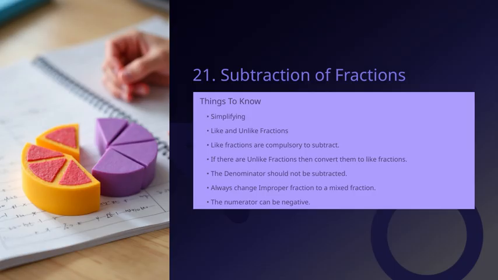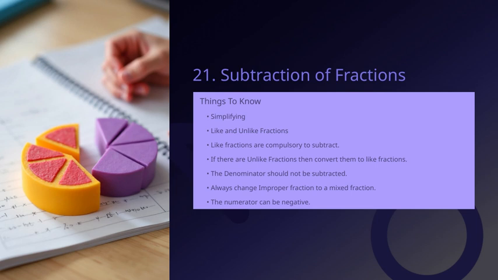Another important point is that the denominator should never be subtracted. Only the numerators are subtracted, while the denominator stays the same once the fractions are converted to like fractions. Also, if you're working with improper fractions, it's often helpful to convert them into mixed fractions for easier understanding and calculation.